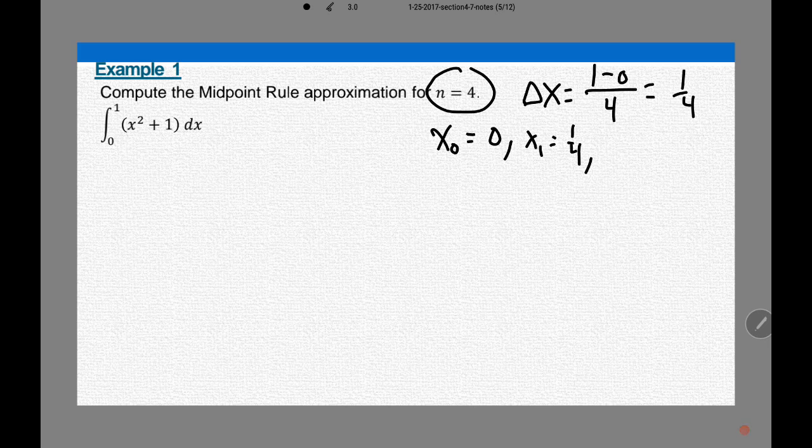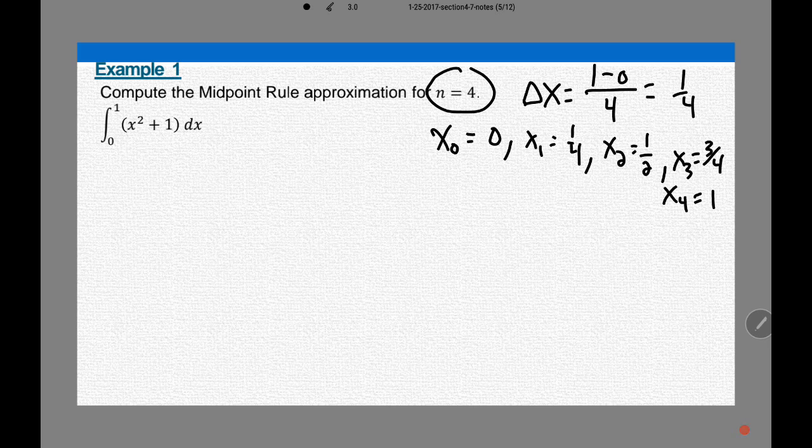So we divide 0 to 1 up into quarters: 1/4, 1/2, 3/4, and then our last one is 1. The reason I'm doing that is that those mark an even break in all of our intervals between 0 and 1 of that delta x.